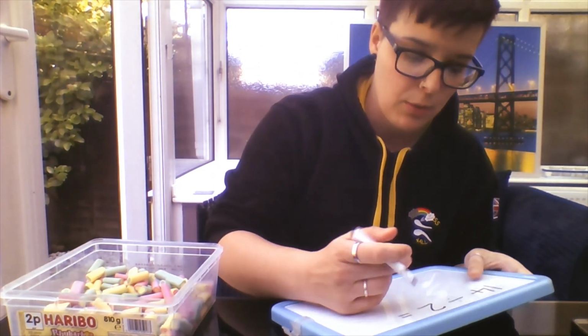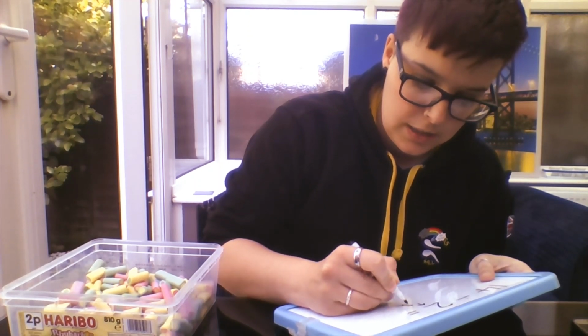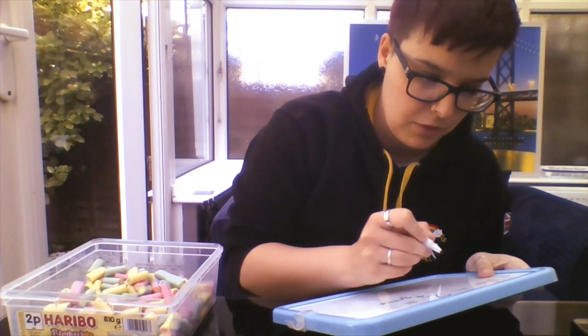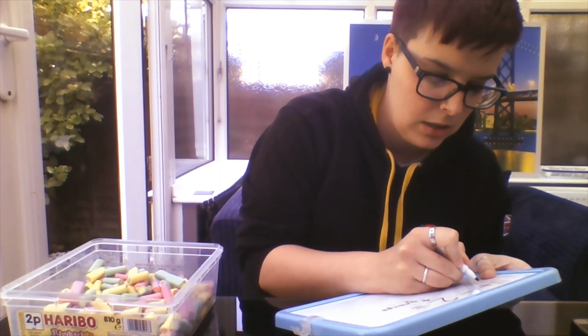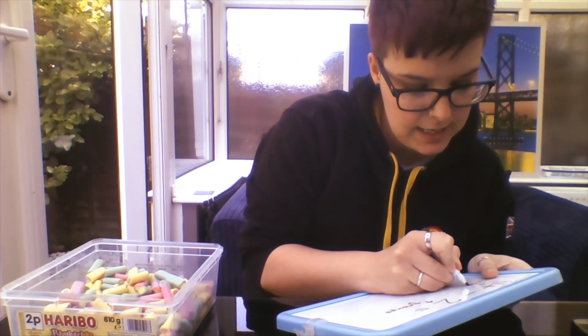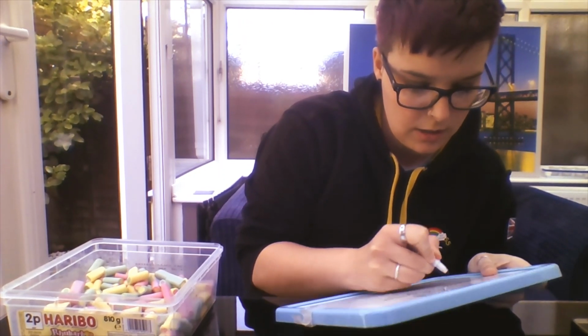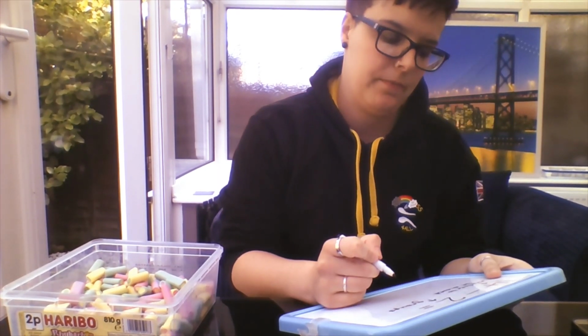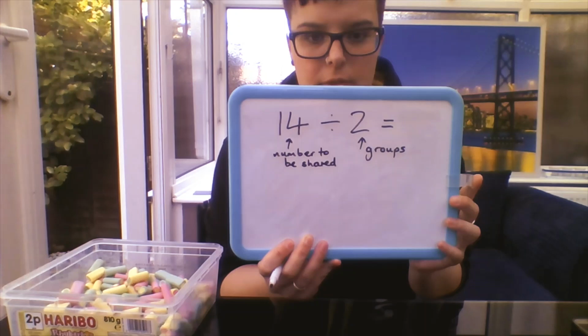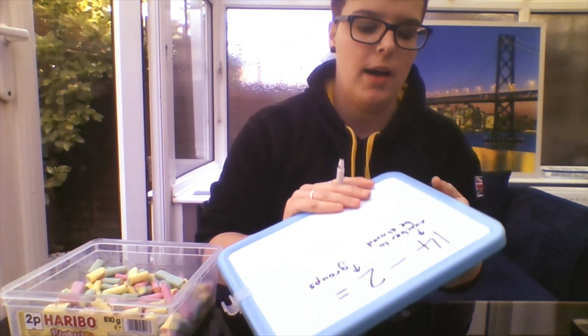Let's label that up so it's nice and clear: number of groups, the number to be shared, and the last number will be how many in each group. Sorry about my handwriting.